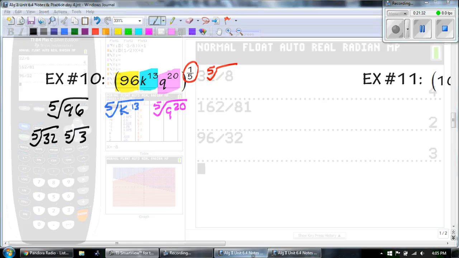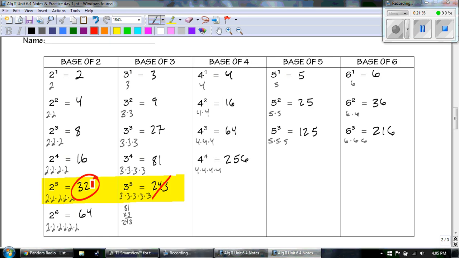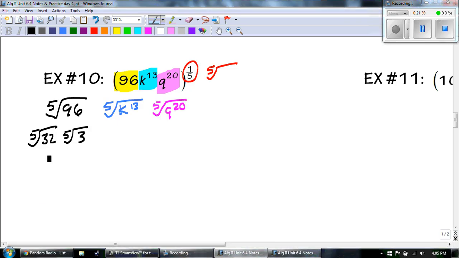And then here we go over here. Oops, sorry, wrong one. It's 2. So that breaks down to 2 and then the fifth root of 3. Okay? So there's our simplified part and there's our remainder part. Now I want to see if you can break those other two down. So pause the video and good luck.